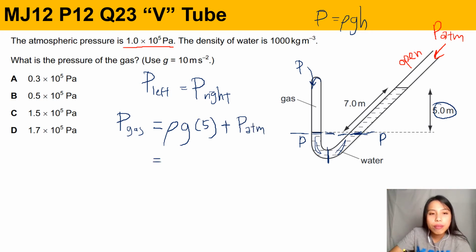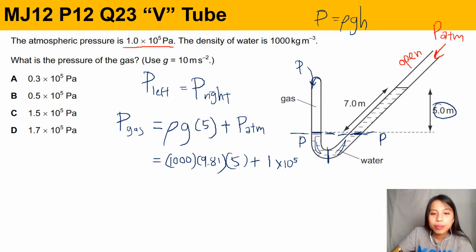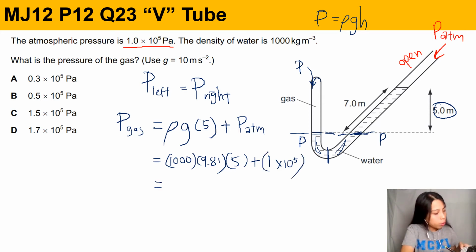So if we plug in all the values, density of water 1000, g 9.81, times 5, plus the whole atmospheric pressure. So what am I writing? 1.0 times 10 to the 5 Pascal. Okay, add all together: 1000 times 9.81 times 5 plus 1 times 10 to the 5.